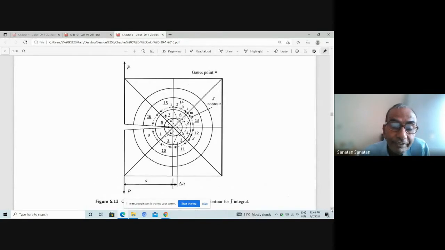Yeah, see here. This is the diagram which is useful here.